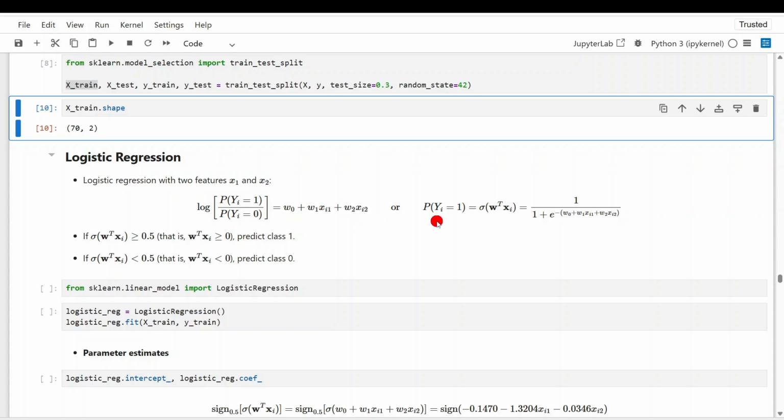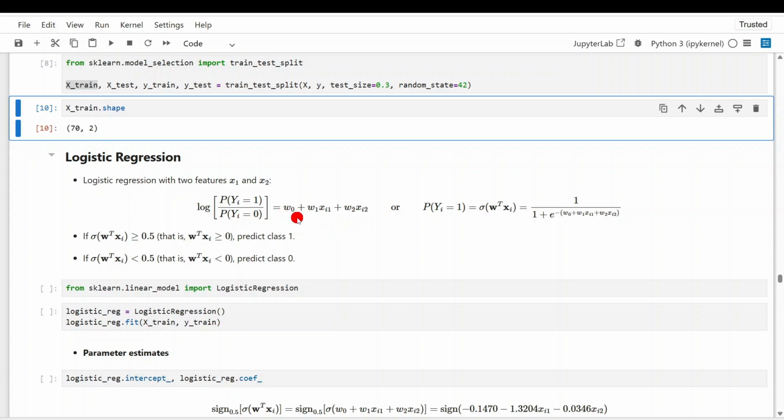Or the probability of the outcome of interest is a sigmoid function of the linear predictor. w transpose x is nothing but the linear predictor w0 plus w1 x1 plus w2 x2.